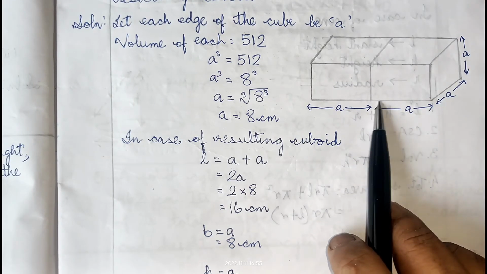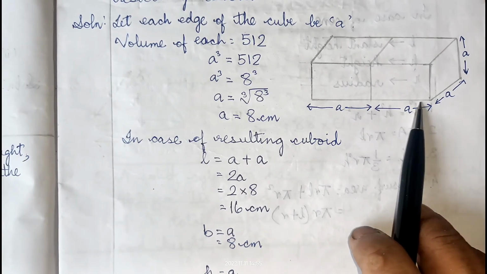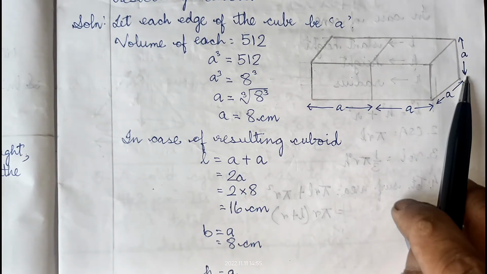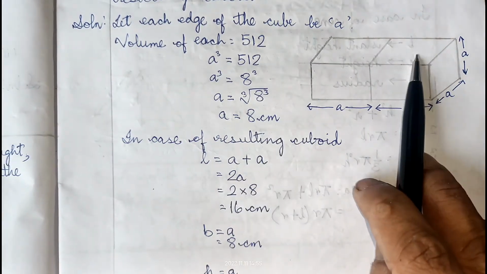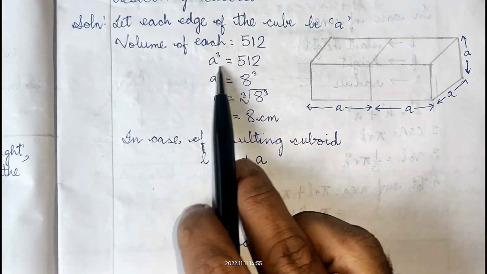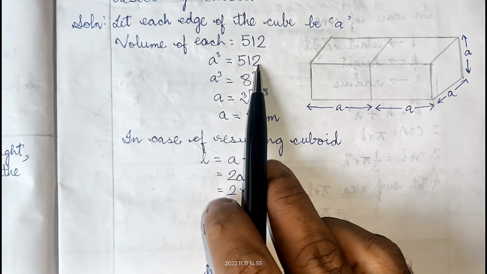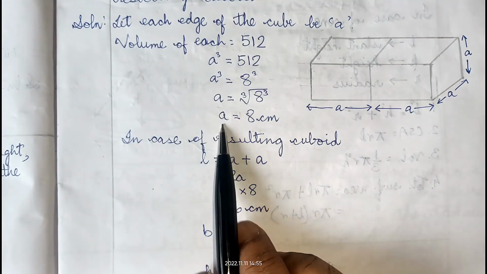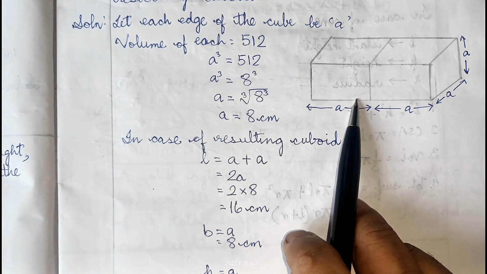Suppose each edge of the cube is A, then this part is A, this is also A, breadth will be A, height will be A. And the volume of the cube is 512, so volume of this cube will be A into A into A, that is A cube. So A cube is 512. A cube is 8 cube, because 8 cube is 512, which will give A equals 8. Therefore each edge of the cube is 8 centimeter.